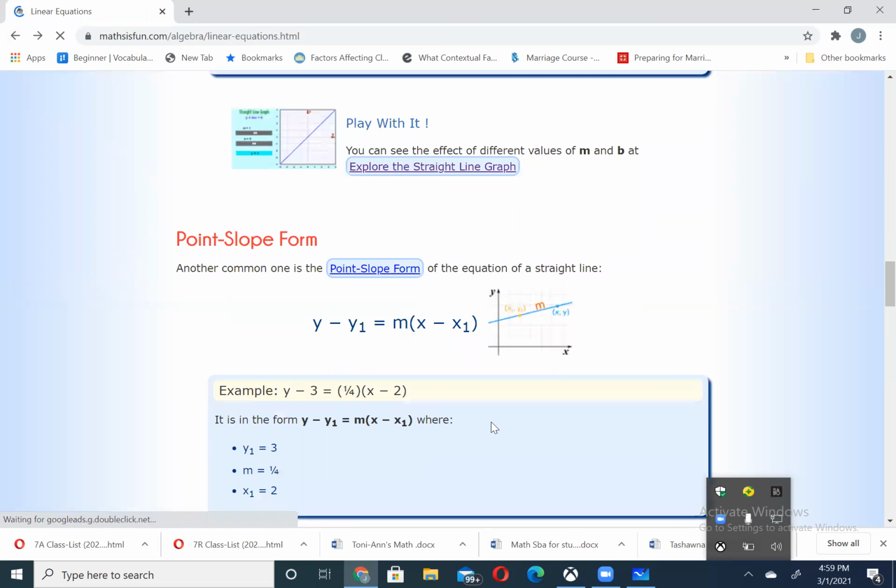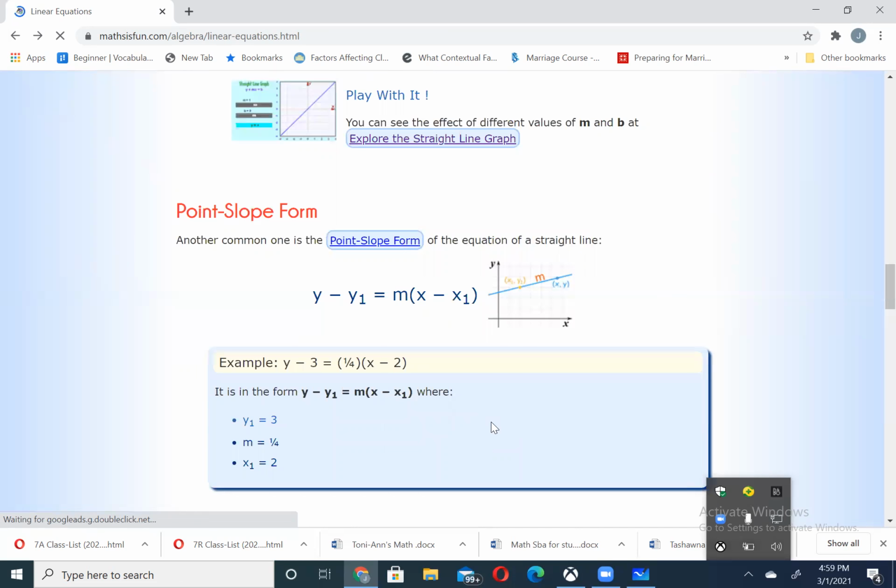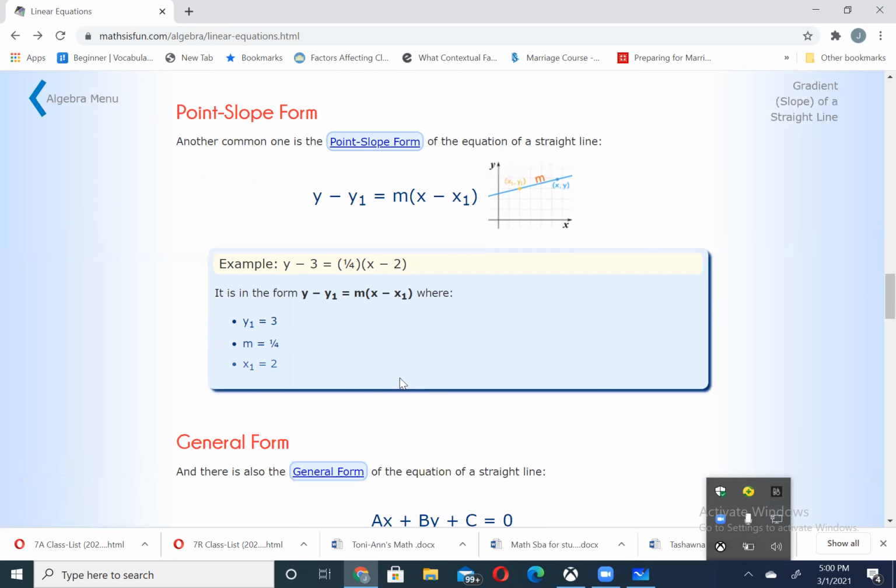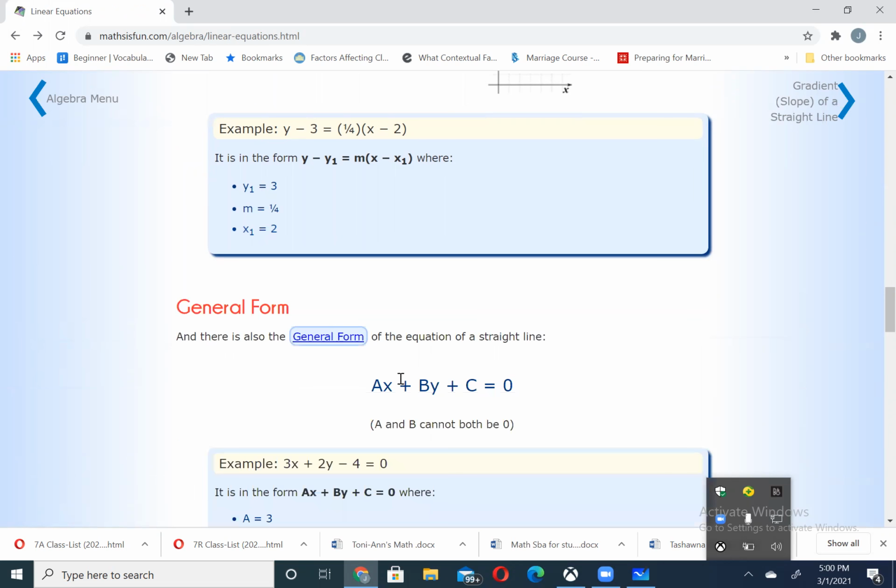The point slope form of writing a linear equation is y minus y1 equals m times x minus x1, where y1 equals 3 in the example, the gradient m is a quarter and x1 is 2. This form is not used quite often, but it is one format of writing the equation.